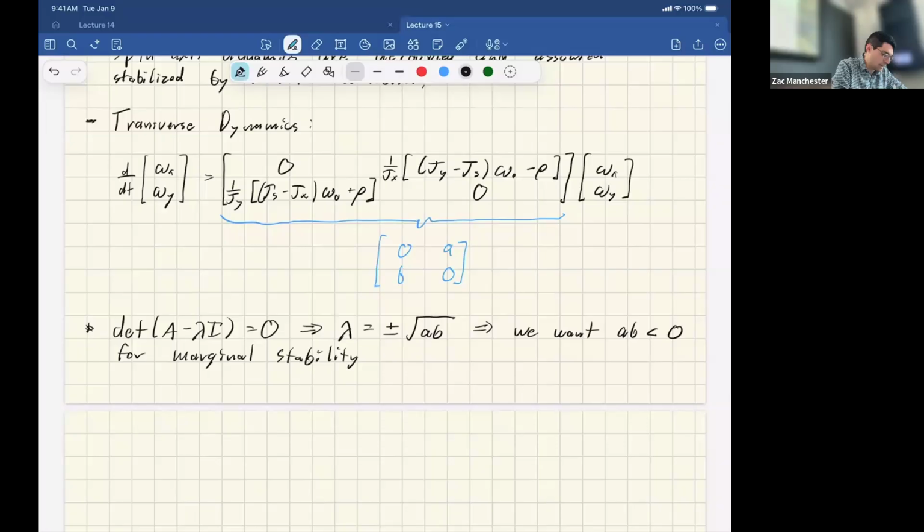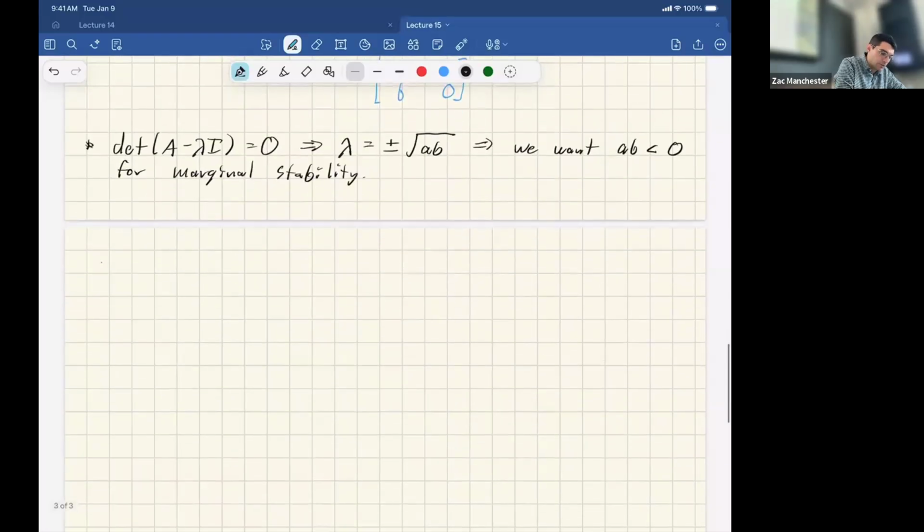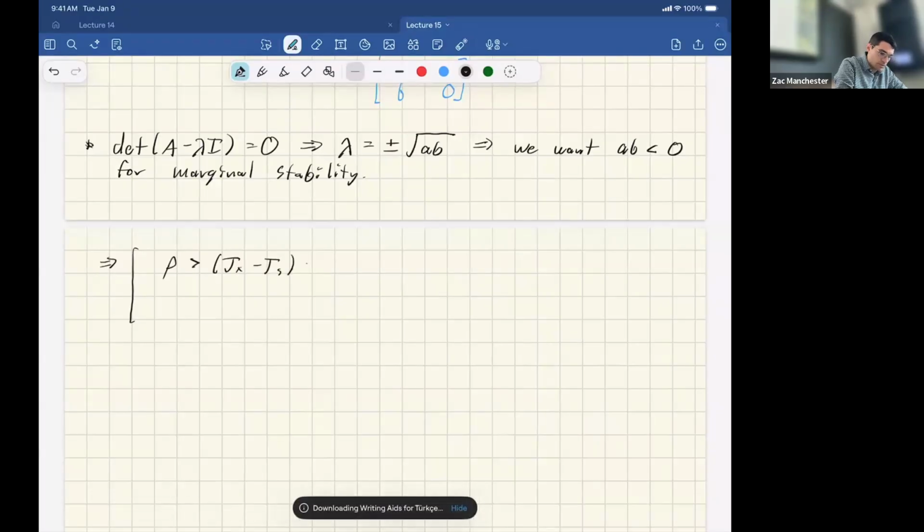And just from that condition, I get just two options. I can have rho bigger than this and bigger than this.